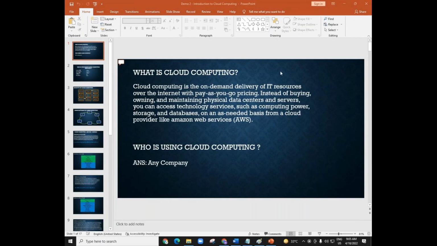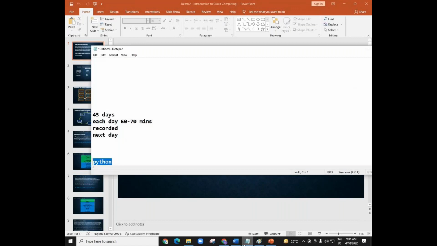See, whenever you hear the terminology scripting, I'll take a very basic example. Whenever an actor is making a movie or working in a movie, they get a script, right?